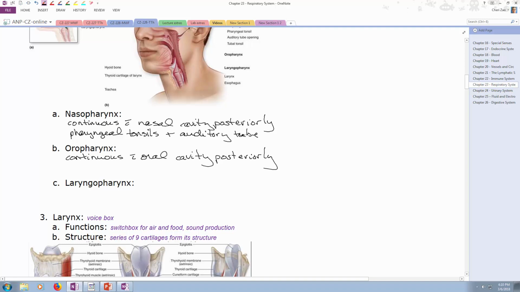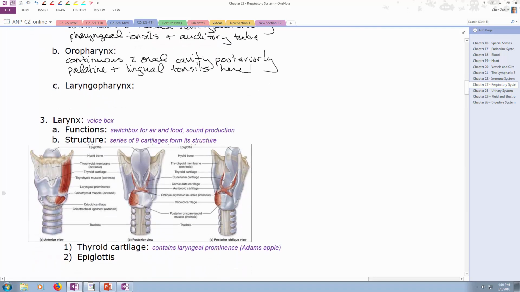We actually have our pharyngeal tonsil, palatine tonsils and lingual tonsils. And then we come down to that structure called the laryngopharynx. And so it's kind of like the top part of the larynx.